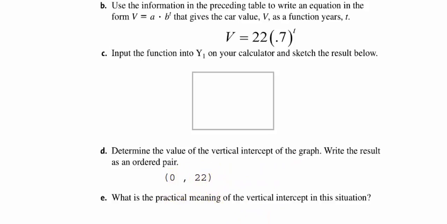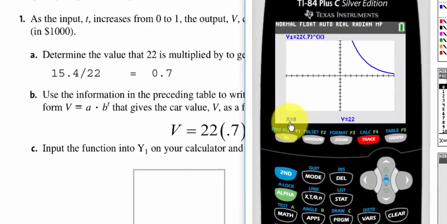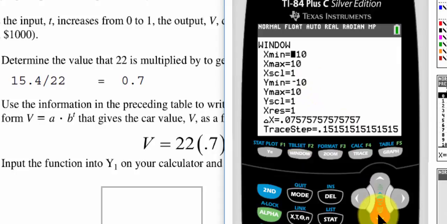If I take my graphing calculator and press the trace key, notice on the bottom it says x equals 0. So basically we're saying to the calculator, when x equals 0, what does y equal? And you get 22. If you want to see where this crosses the y-axis, it's going to happen at 0, 22. Let's change our window, and for y max, I'm going to make that 30.